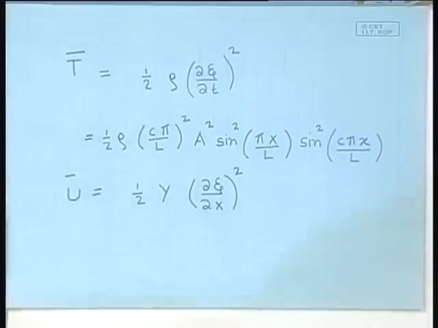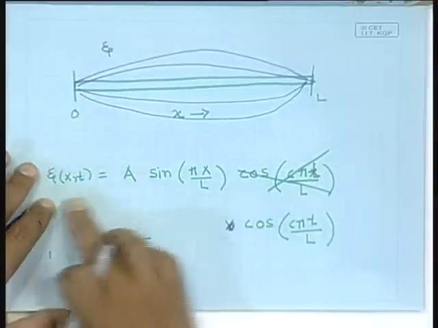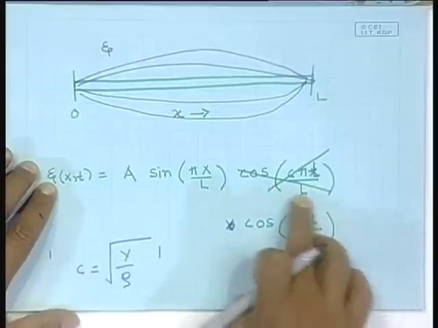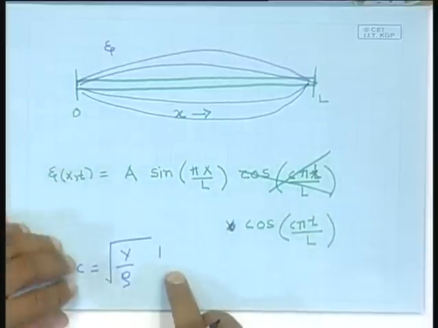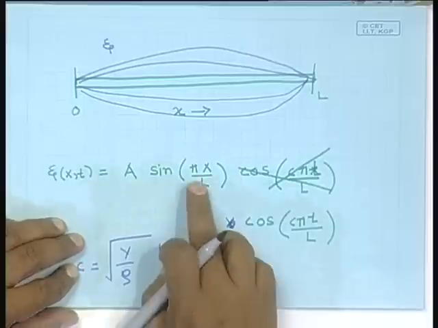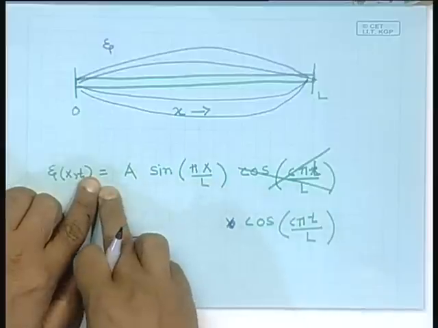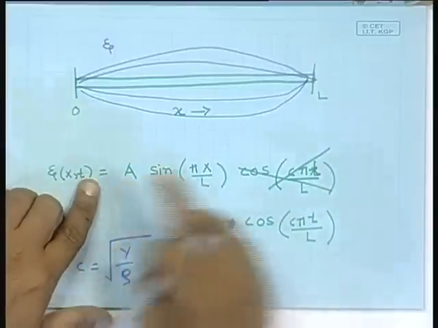And for the particular displacement pattern, the standing wave that we are dealing with, this xi is given over here. So when I differentiate this with respect to x, I will pick up an extra factor of pi by L outside. This will become cosine, and I have to square it.